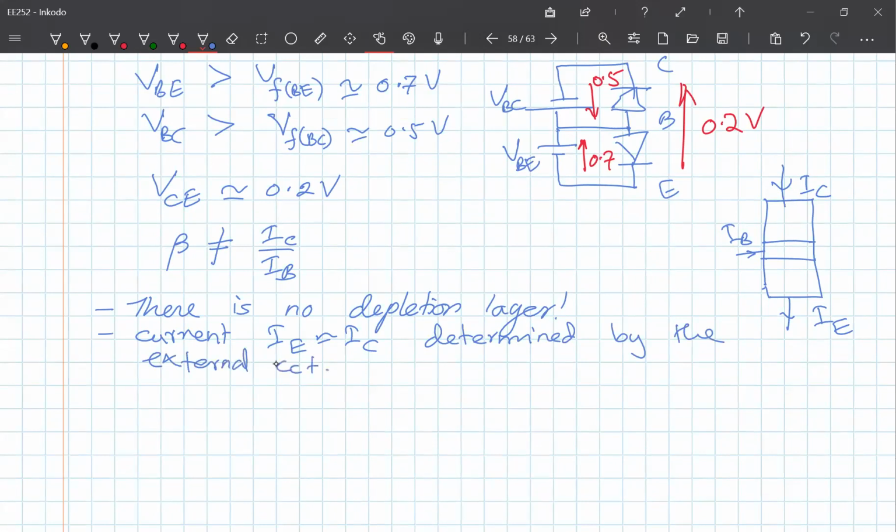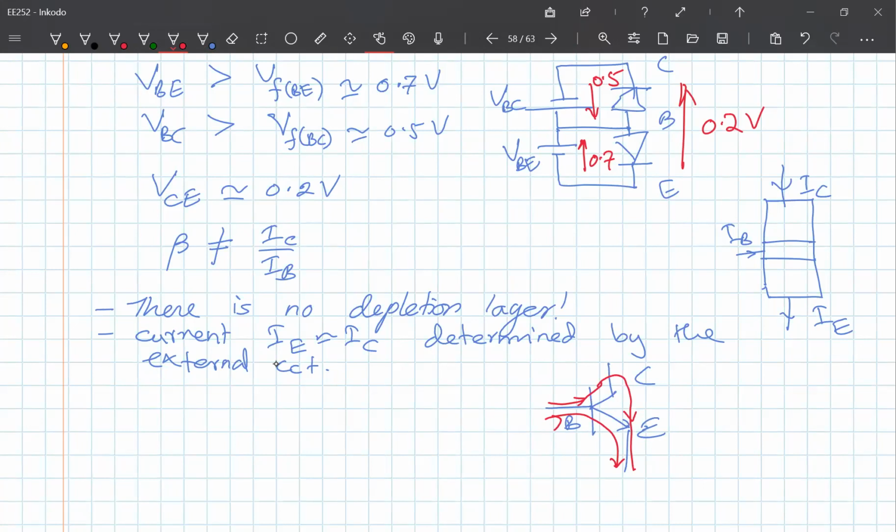So if you look at the current, what will happen is base, collector, emitter. IB should go like that, and because both are forward biased, we expect this to go like this. But what happens is, in collector emitter there is no depletion layer, so this also goes through that.